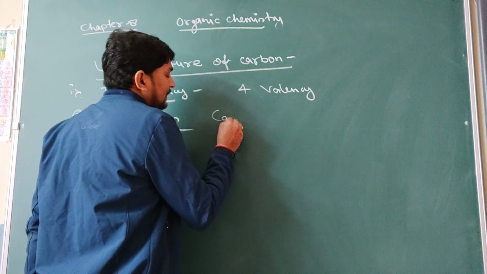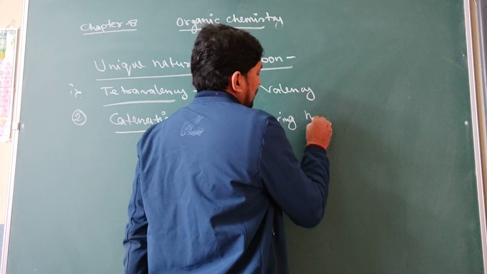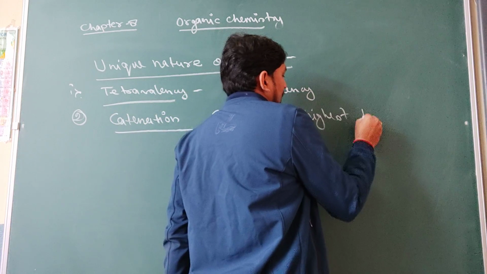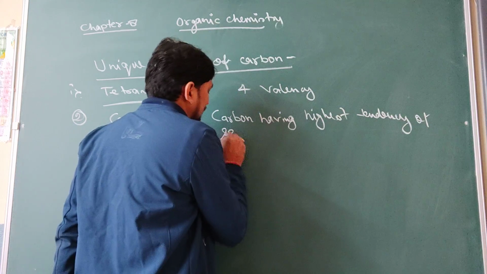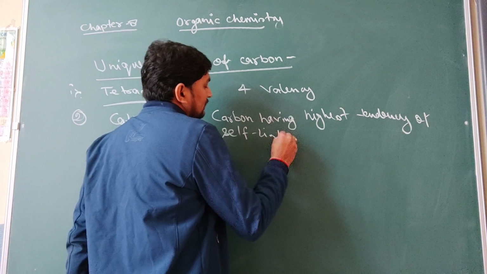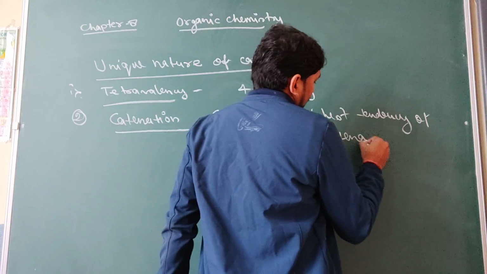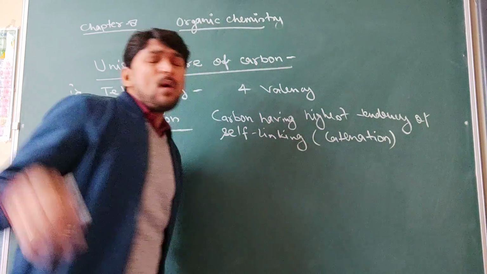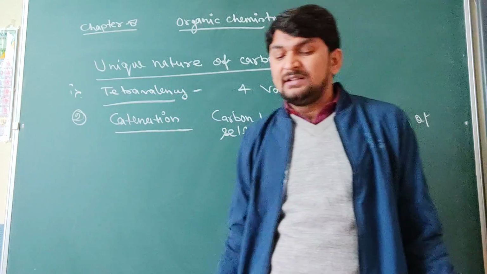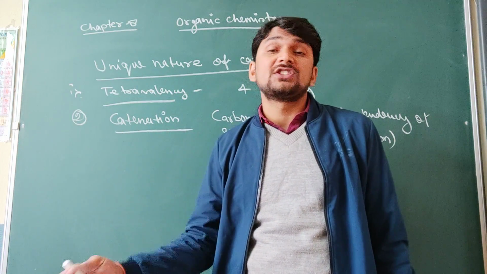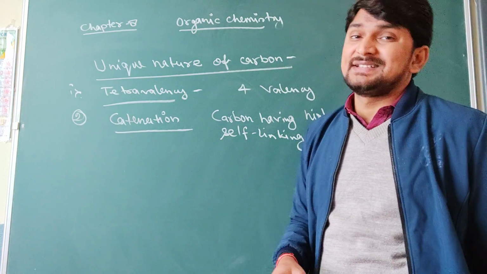Carbon has the highest tendency of self-linking. Self-linking means catenation. No other element in nature can form a longer chain than carbon. Carbon will form the longest chain. Clear? So that is catenation.